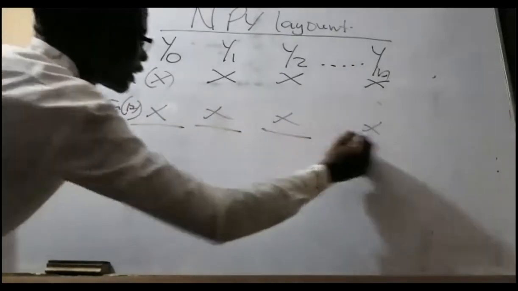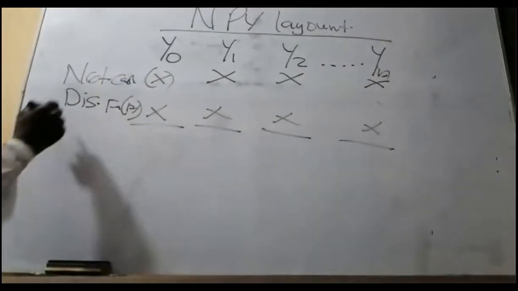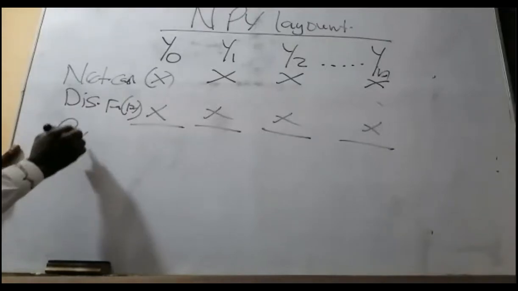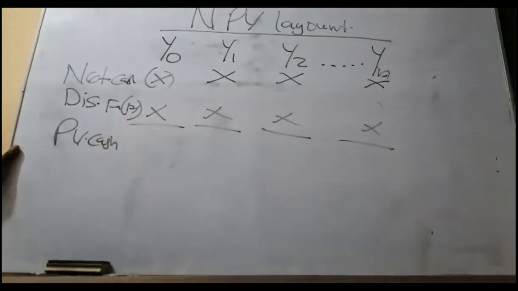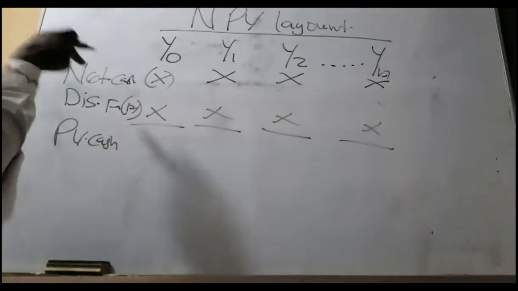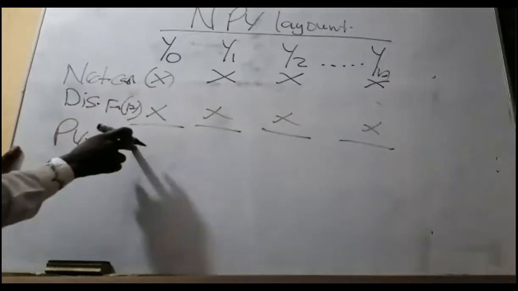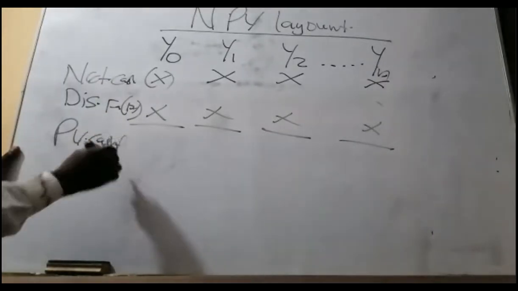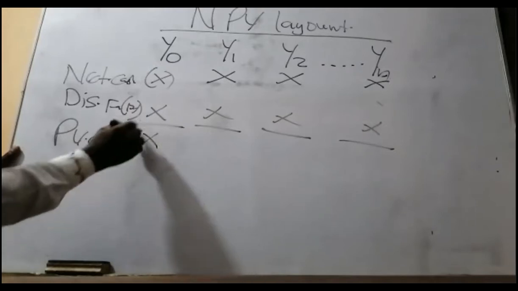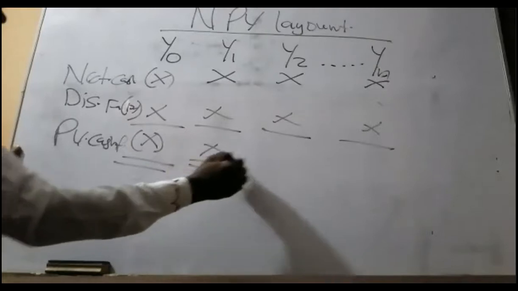The net cash flow times the discount factor gives what we call the present value of cash flow. The net cash flow times the discount factor will give you the PV of cash flow. So that will be, double underline it. We are done.